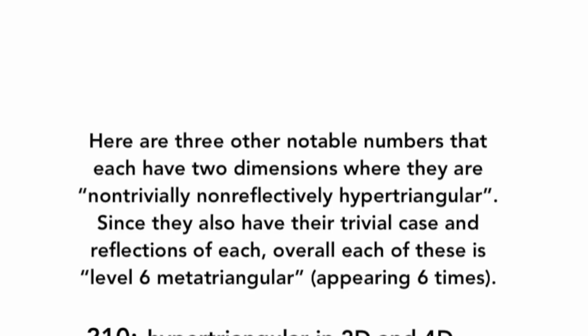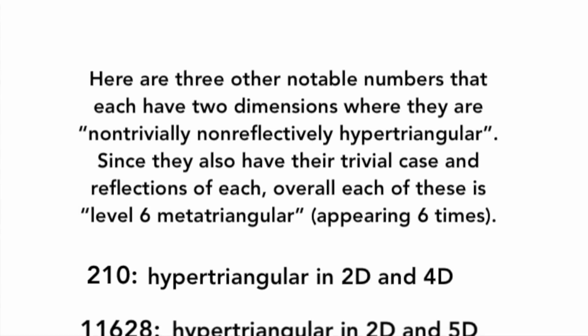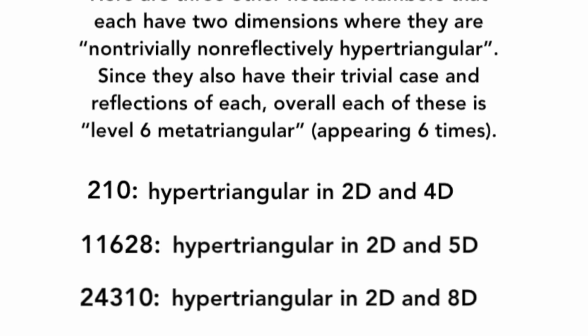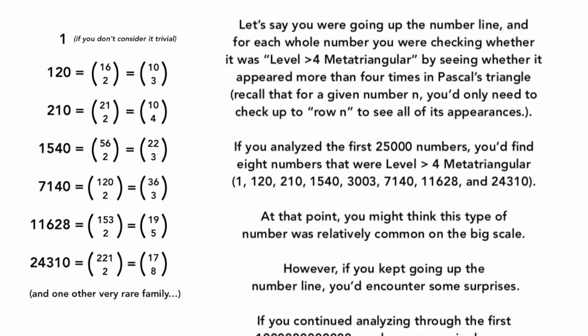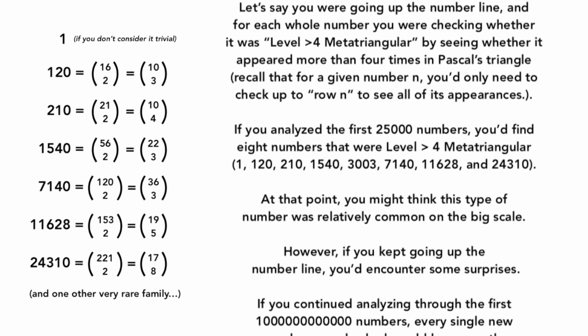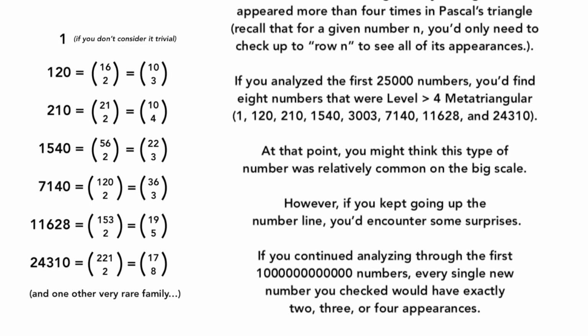But if we allow numbers that have another pair of dimensions that they are non-trivially and non-overlappingly hypertriangular in, we will also meet these notable numbers. And the only known numbers that are hypertriangular in more than 4 dimensions are the ones I have on screen here and one other very special family.